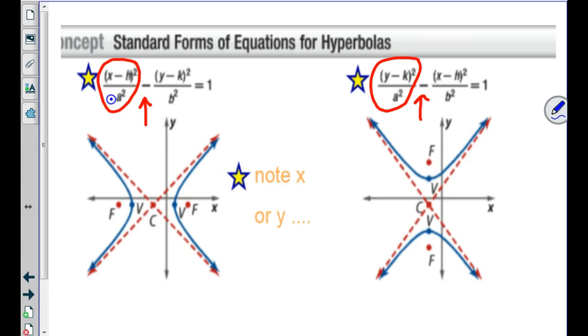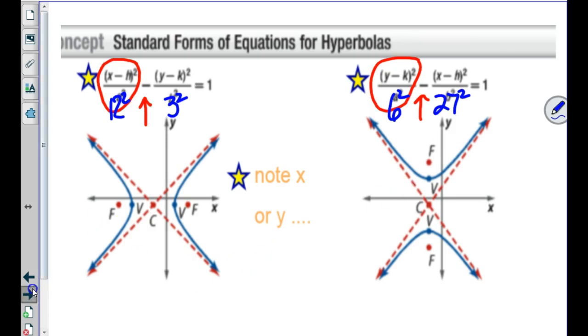Okay, this could be 12 squared and 3 squared, or it could be 6 squared and 27 squared. A can be bigger or smaller. It doesn't matter. So do you understand that there's a difference in how you decide where A is on these than the ellipse? Because your recipes are going to be all wrong if you use the wrong thing for A and B, right?